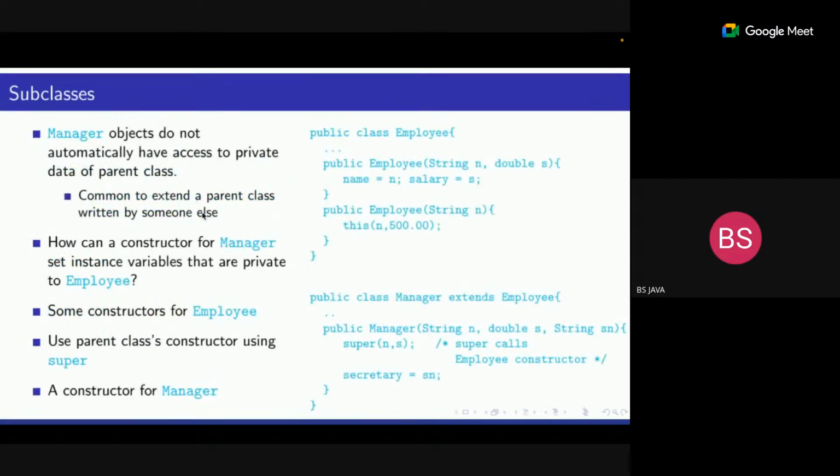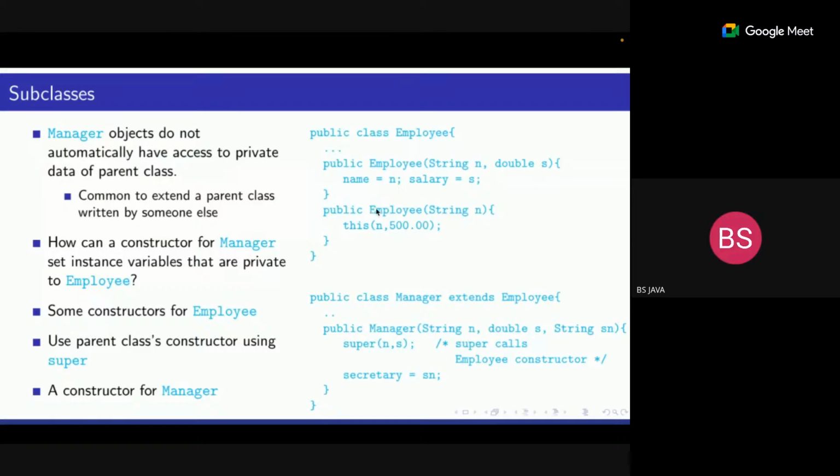Instead, we have to use something called super from the child class in order to access the members of the parent class. So here you see, for class employee we have this particular constructor for name and salary, name equal to n and salary equal to s. This constructor will take two values to set these.